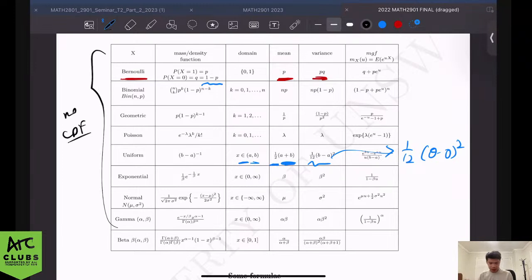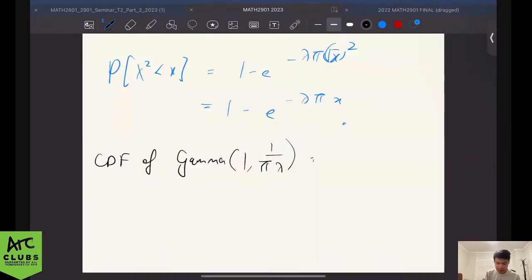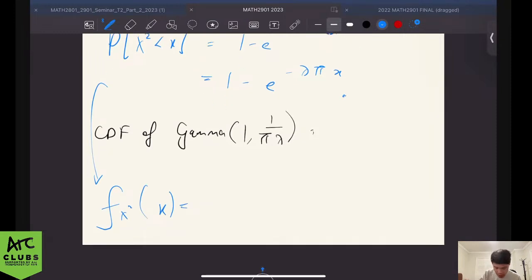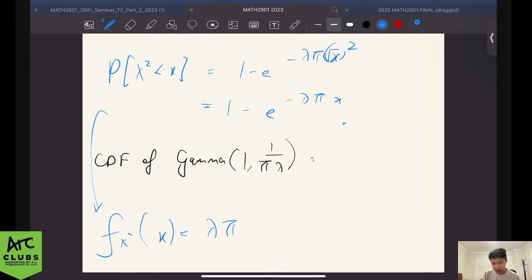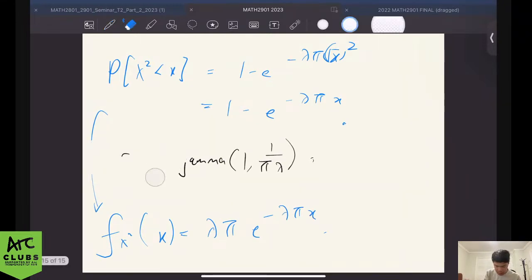That's okay, because we can calculate the PDF of this one from the CDF and then compare PDFs, okay? So the PDF is just going to be equal to the derivative of this, so it'll be lambda pi times e to the minus lambda pi x. Okay. Yeah, so now we can do the PDF of the gamma distribution.